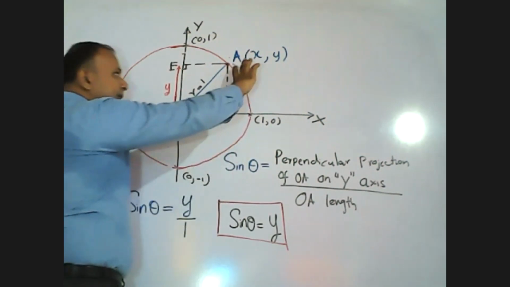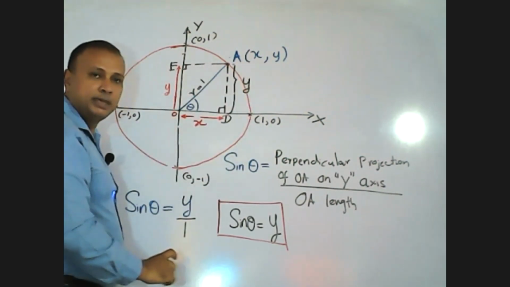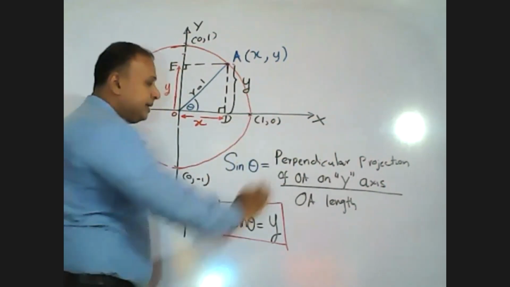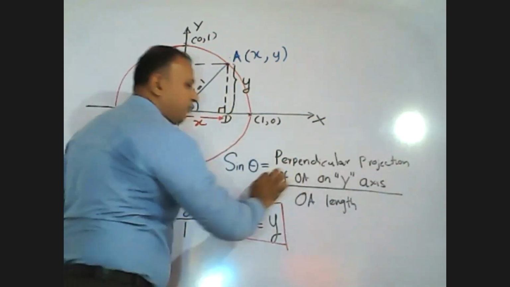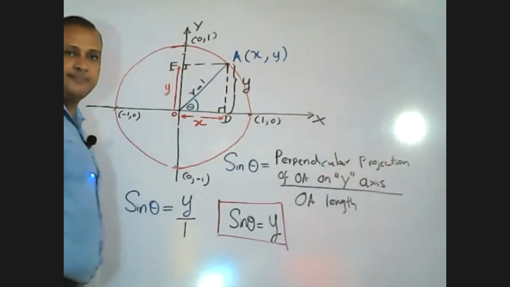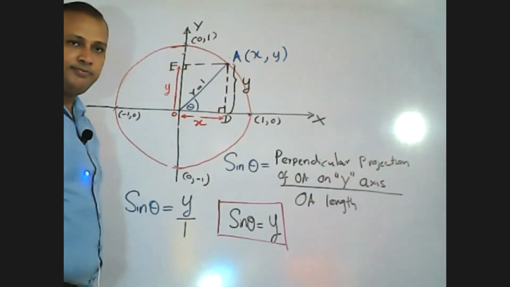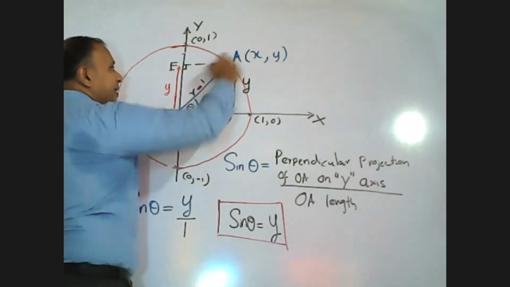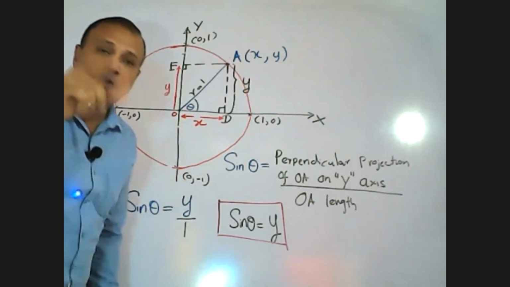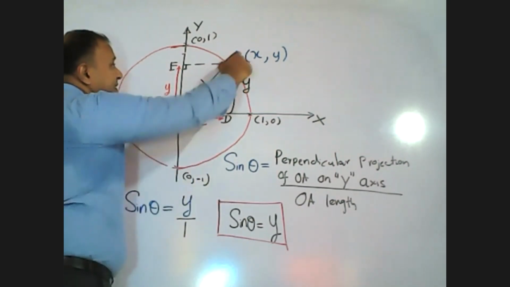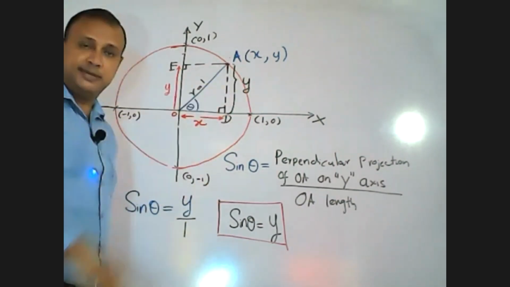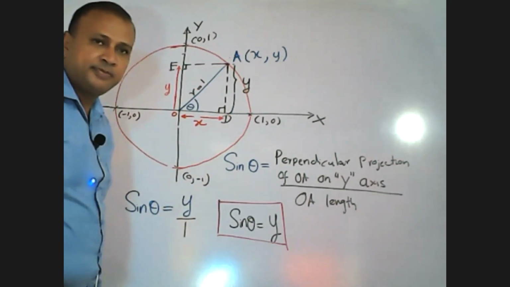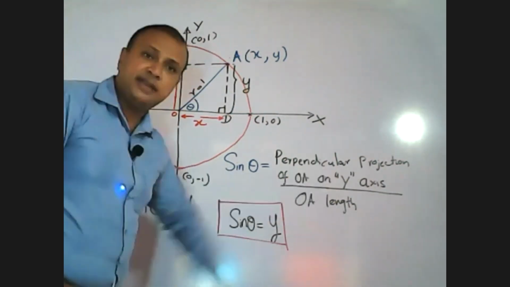So instead of writing opposite side, I have written perpendicular projection of OA on the y-axis. Instead of writing hypotenuse, I can write OA length or radius. Both are the same. You can write it as radius.